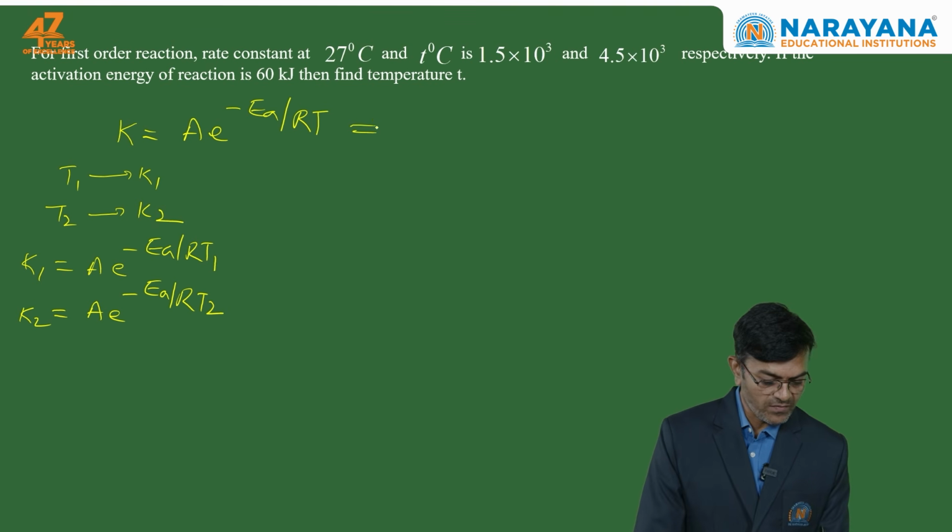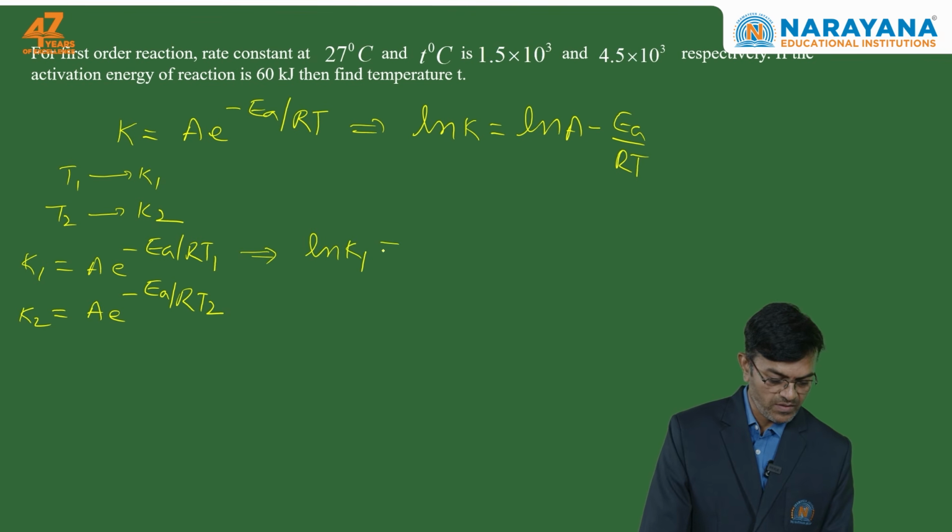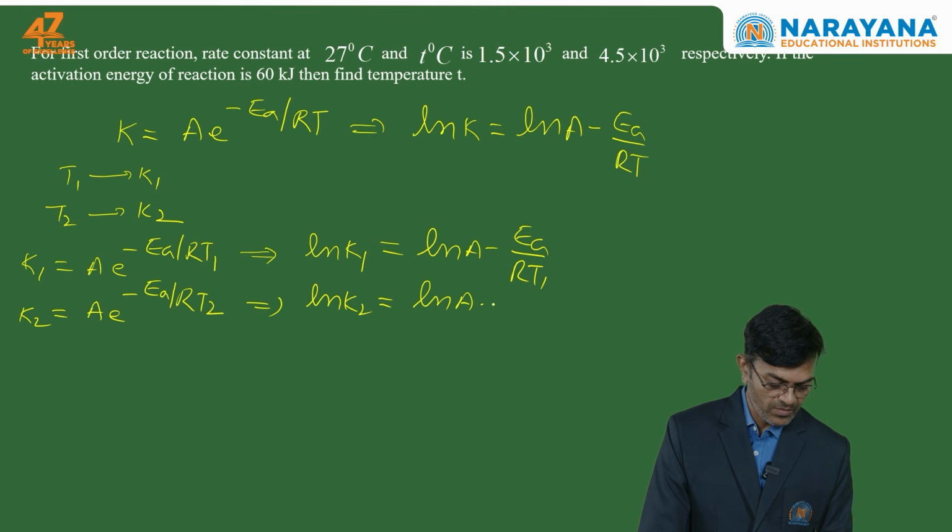So if you take logarithm for this, it will be ln K, which is equal to ln A minus Ea by RT. So when you substitute different temperatures, it will be ln K1 is equal to ln A minus Ea by RT1, ln K2 is equal to ln A minus Ea by RT2.